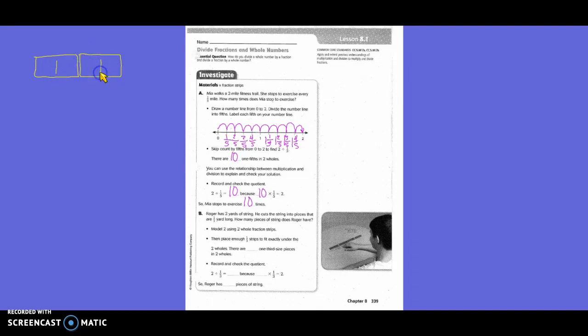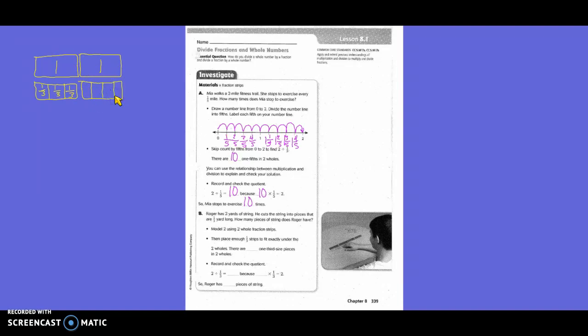So here's 1. And here's 1. How many 1/3 pieces does it take to make up 1 whole? 3. So I draw another bar underneath here and break it into 3 pieces. And there's 1/3 in each piece. So if it took 3 for that one, it would take 3 for this one, right?